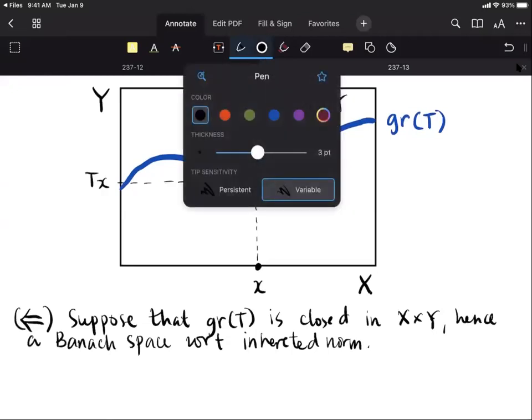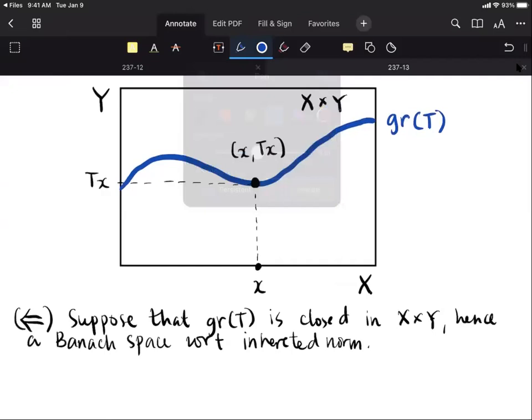So first, let us send this ordered pair by a projection on X, and we can also send it to the second coordinate.